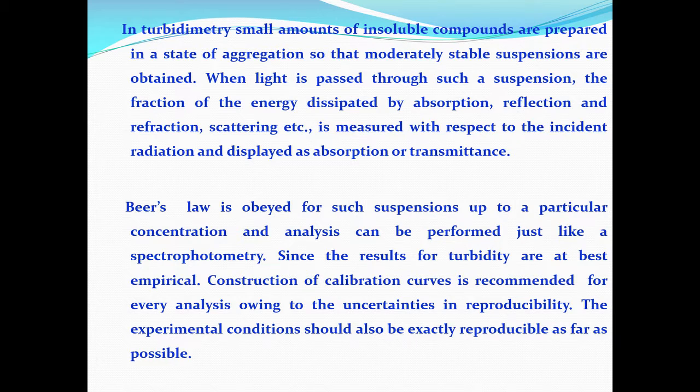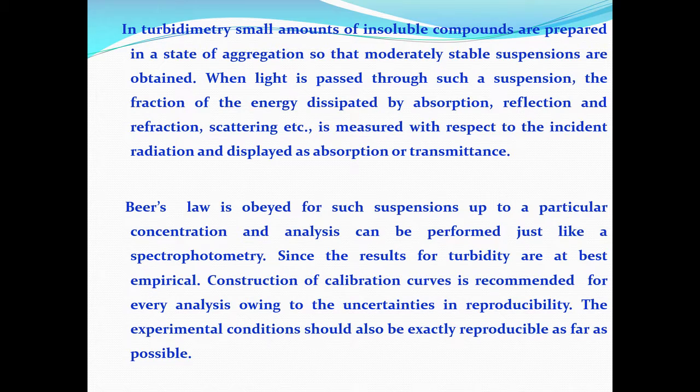And once you make the standards ready, then you have to pass the light through such a suspension, and the fraction of energy dissipated by absorption, reflection, scattering, etc., is measured with respect to the incident radiation and displayed as the ratio of P by P naught, or absorbance or transmittance.